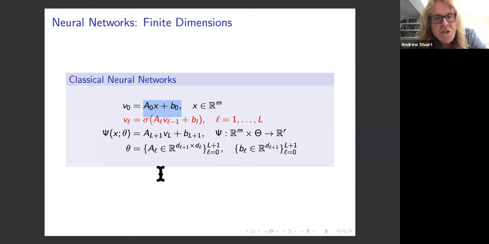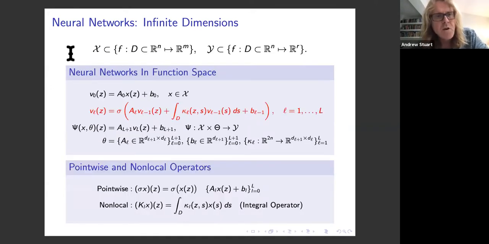All right, so now I want to generalize this to a setting in which the input x is a function and the output psi is a function. So I'm going to look at the setting where the input space X is a subset of the functions from a domain D in R^n into R^m, and Y is a subset of functions, for simplicity over the same domain D in R^n, into R^r.